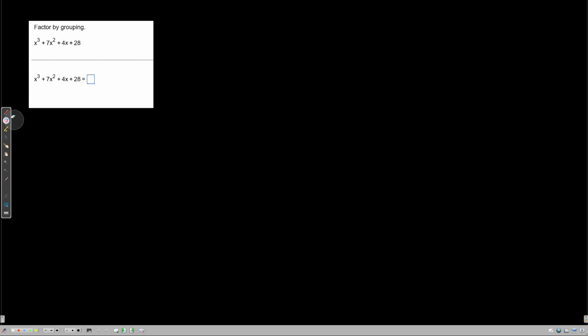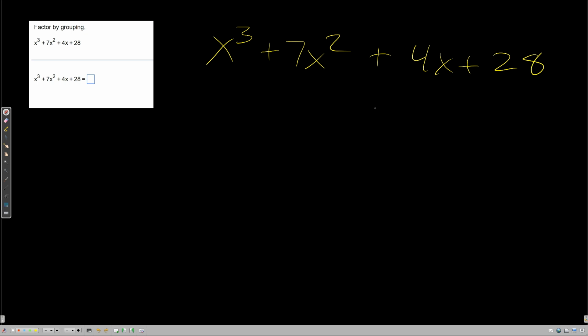The next problem is to factor by grouping. Okay, so we have x cubed plus 7x squared plus 4x plus 28. To factor by grouping, I need to consider each of these groups.